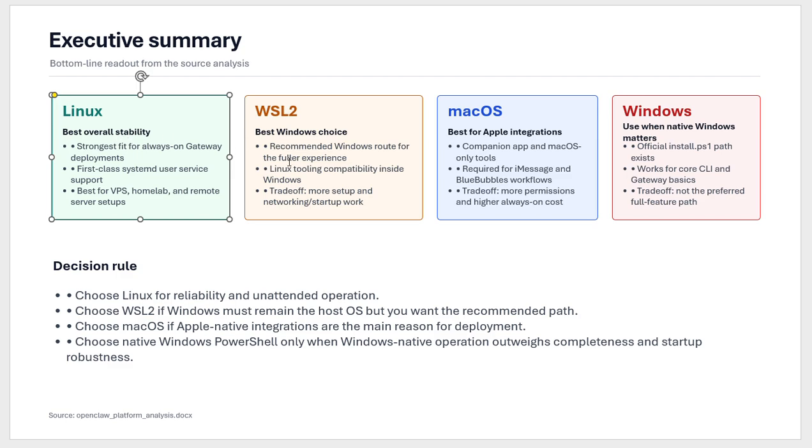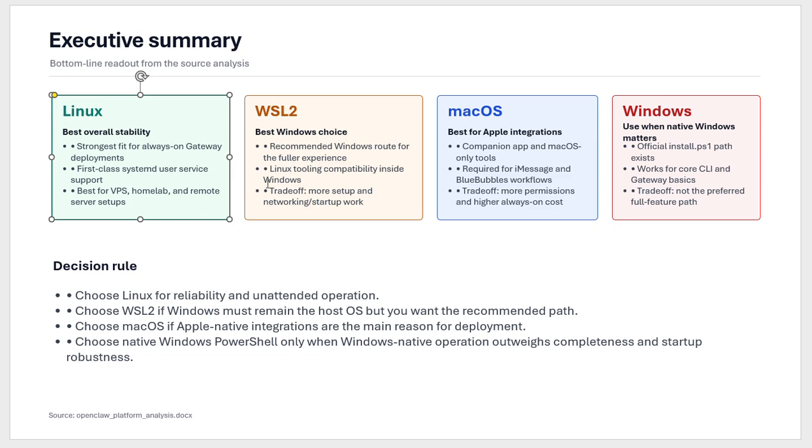If you are using Windows but you want to install OpenClaw in a Linux environment, you can use the WSL2 option for Windows. Make sure that your Windows supports WSL2.